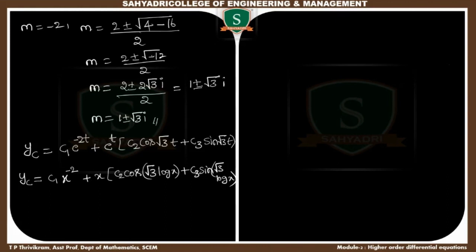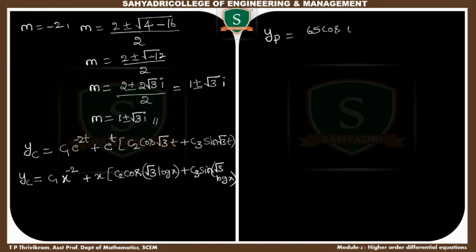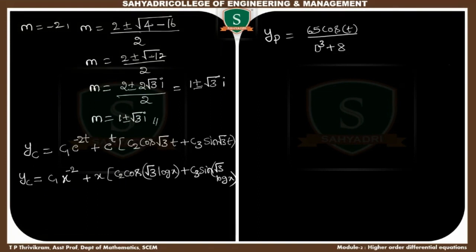Similarly, we need to find yp. yp is equal to the right hand side, 65 cos t divided by D cube plus 8 D. So we need to apply the type 2 solution.